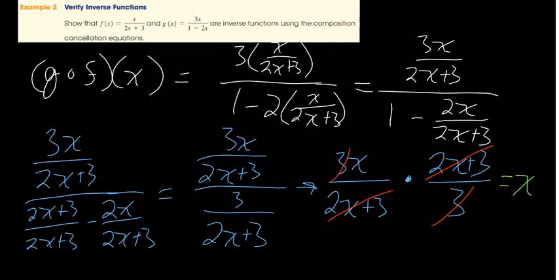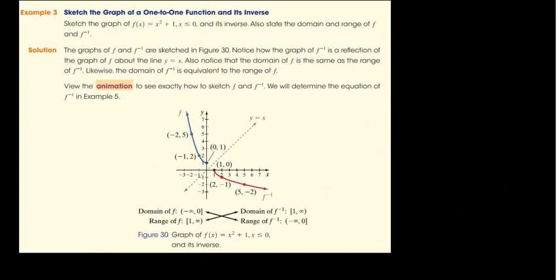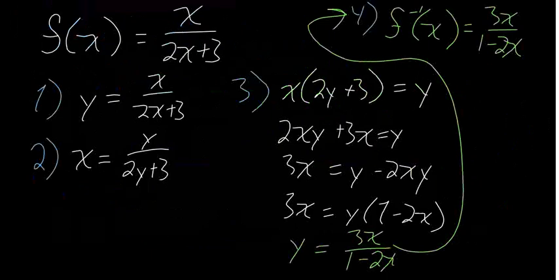Boom, look at that. I know that took a long time to get to this point, but honestly, if you don't want to verify by plugging in and do everything we did on example 2, you could just simply find the inverse function and say, oh yeah, that's verified because I found the inverse function, therefore they're inverse functions of one another.